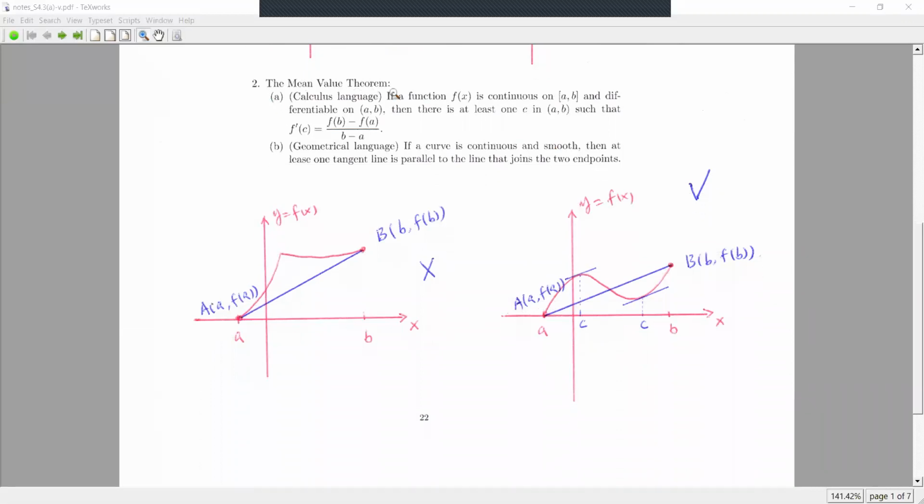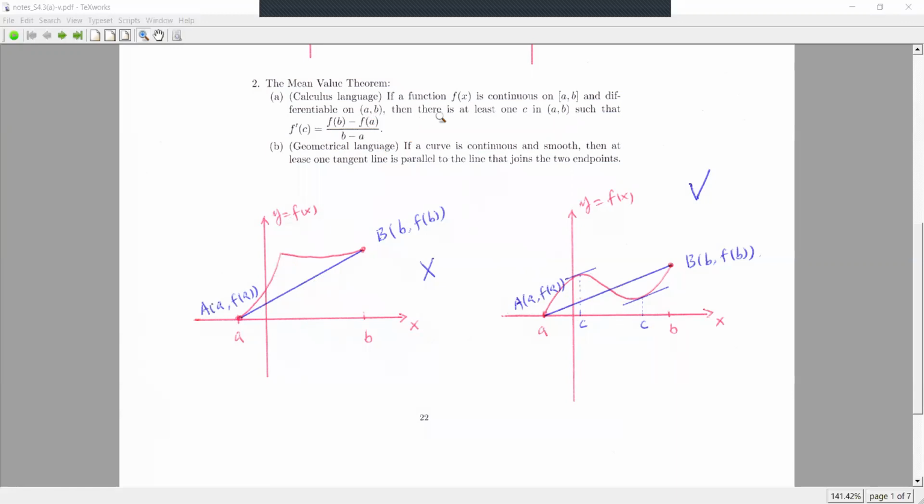The mean value theorem. In calculus language, if a function is continuous on this closed interval, and differentiable on this open interval, not this curve. This curve has a corner. So this curve is not differentiable everywhere. But this curve is differentiable everywhere on this open interval.